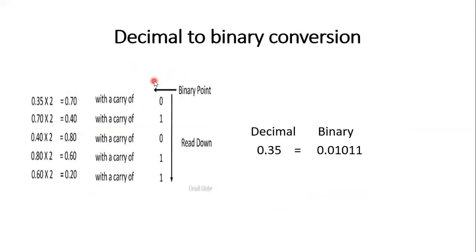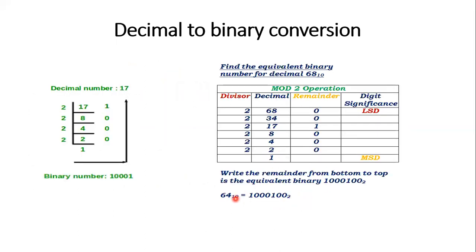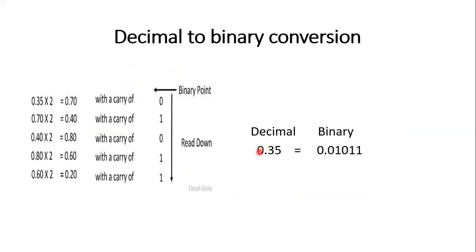Suppose you are given a decimal point value, then how to convert it? Suppose that we want to convert 64.35. 64 we can convert like this. Now 0.35, there is another method.